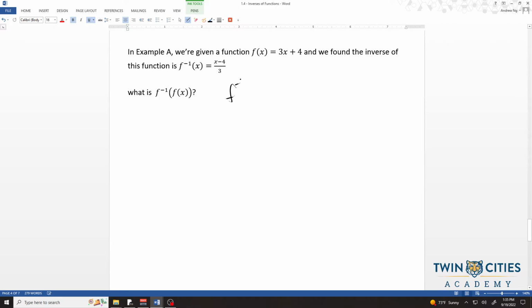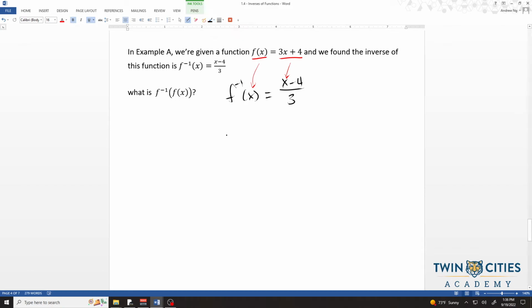f inverse of x. This is x minus 4 over 3. And what I'm going to do is I'm going to take this f of x equals 3x plus 4, and I'm going to plug in f of x for x, which really means taking 3x plus 4 and plugging that in for this x here. So what will that look like?